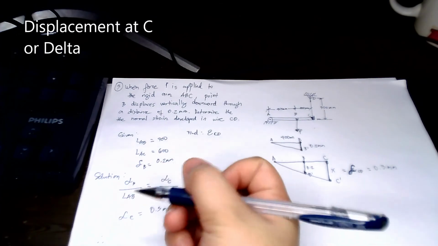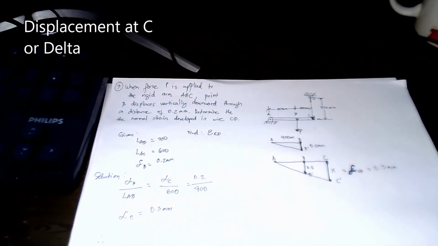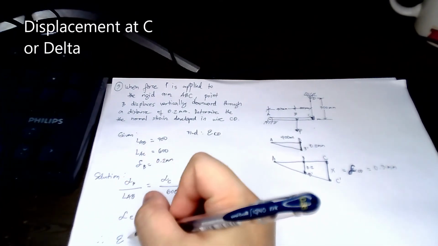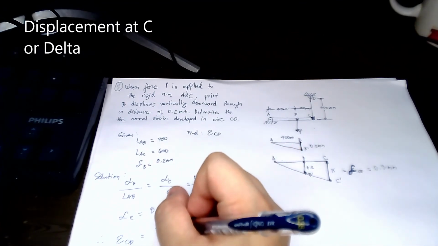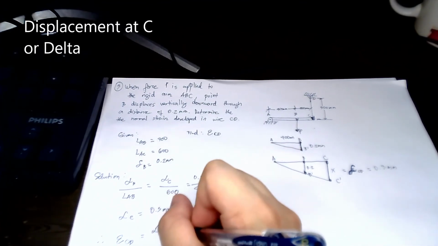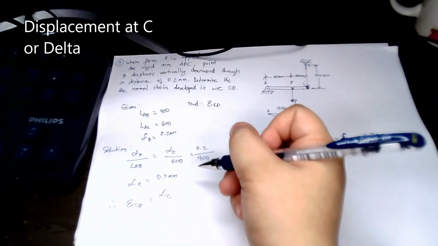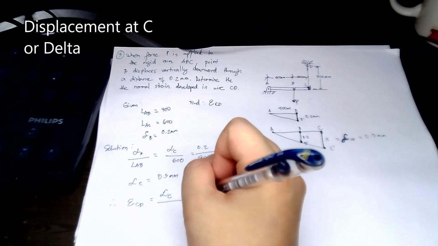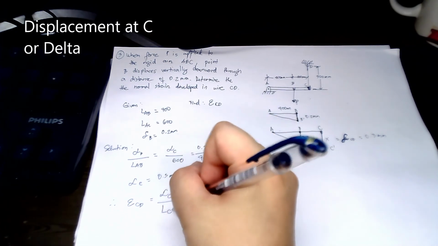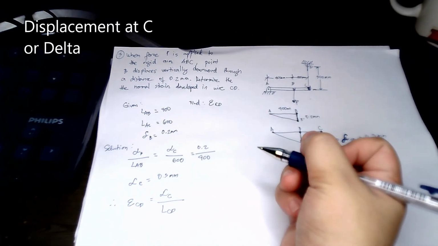Therefore, our strain at point CD, so basically, the displacement at C, or in the previous example, we call this delta C over the length CD, right?